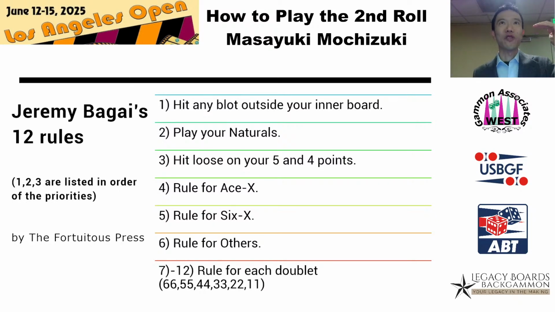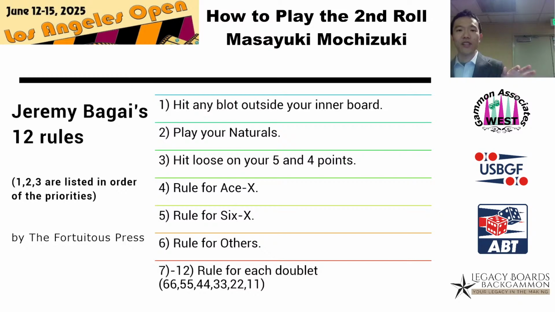Rule number 8 is how to play double twos, etc. Rule number 12 is very simple, right? But I don't have time to teach how to play doublets. So in this seminar, we simply focus on non-doublet replies, from 2-1 to 6-5. And there are 6 rules.